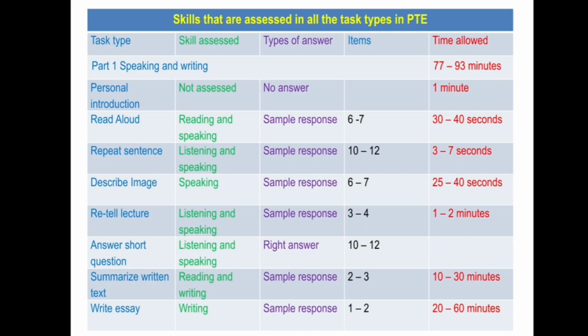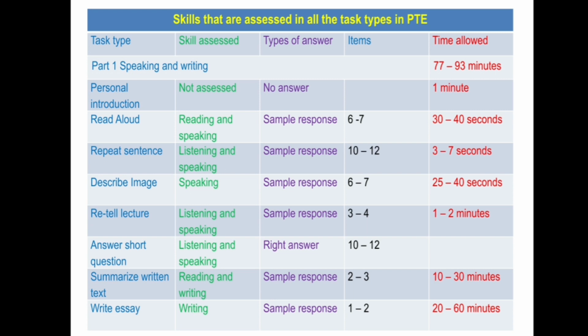So here you will face 10 to 12 items. 10 to 12 answer short questions will be based on your general awareness, or we can say day-to-day routine, whatever work we are doing, that is what is being asked. Here you need not give a complete sentence as an answer. You just have to answer it within 1 or 2 words. So these are all the 5 items of speaking.